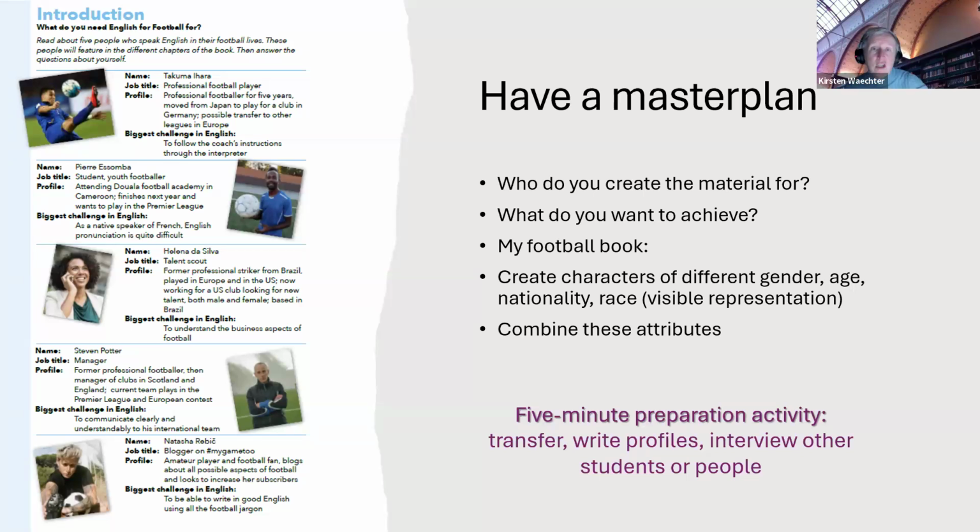Do you have the same motivation as the talent scout or as the manager? Why do you need English? And what questions would you ask these people? So this is also something where you can, with very little preparation time, create a kind of diversity layer that your students can refer to or relate to.